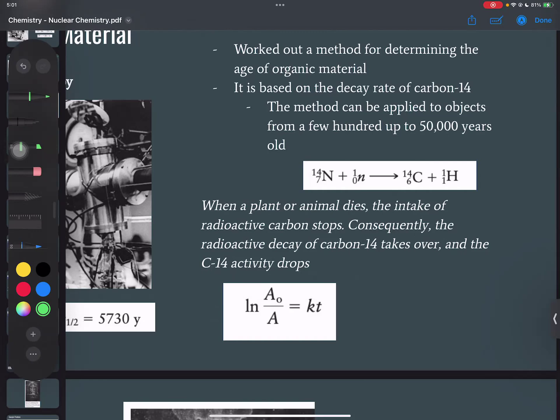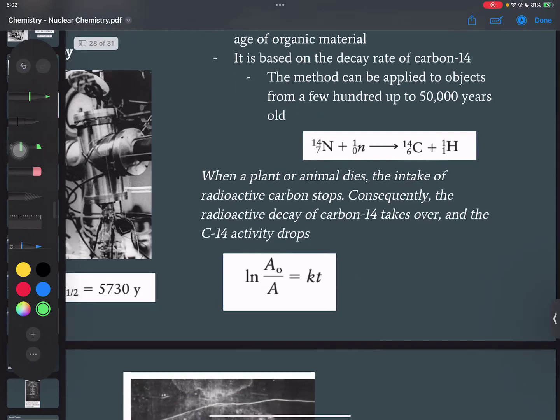Because the intake has stopped, all the carbon-14 decays, and this can be measured by different scientists and through calculation. The activity of carbon-14 would drop. The activity of the sample is directly proportional to the amount of carbon-14. So, we can derive this formula.